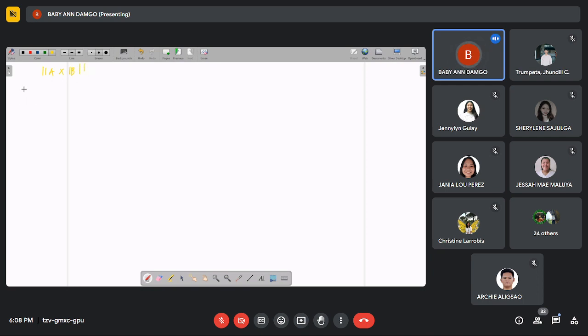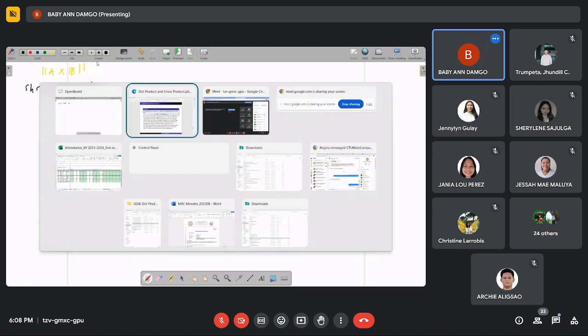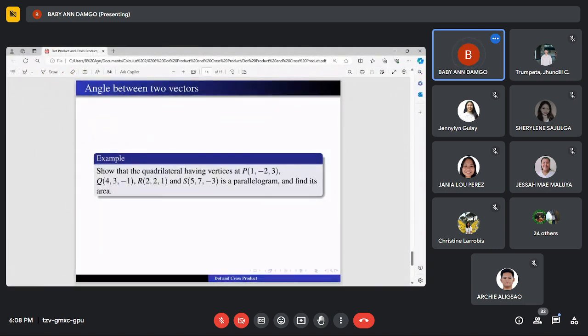So for example, we need to show that the quadrilateral having vertices at P (1, -2, 3), Q (4, 3, -1), R (2, 2, 1), and S (5, 7, -3) is a parallelogram. Okay? And find its area.